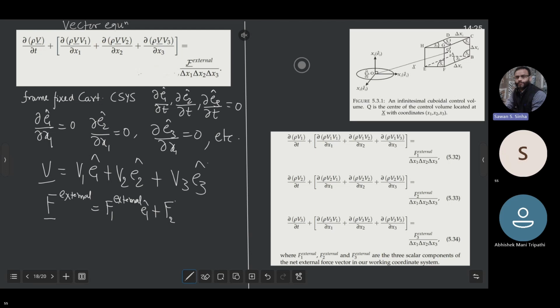One vector equation. But if you use a working coordinate system such as a frame fixed Cartesian coordinate system, we are aware that one vector equation gives rise to multiple scalar equations. How many? 3, right? तीनों अलग अलग डायरेक्शन में 3 इंडिपेंडेंट इक्वेशन मिलते हैं with one vector equation. Those three independent equations I am presenting here.